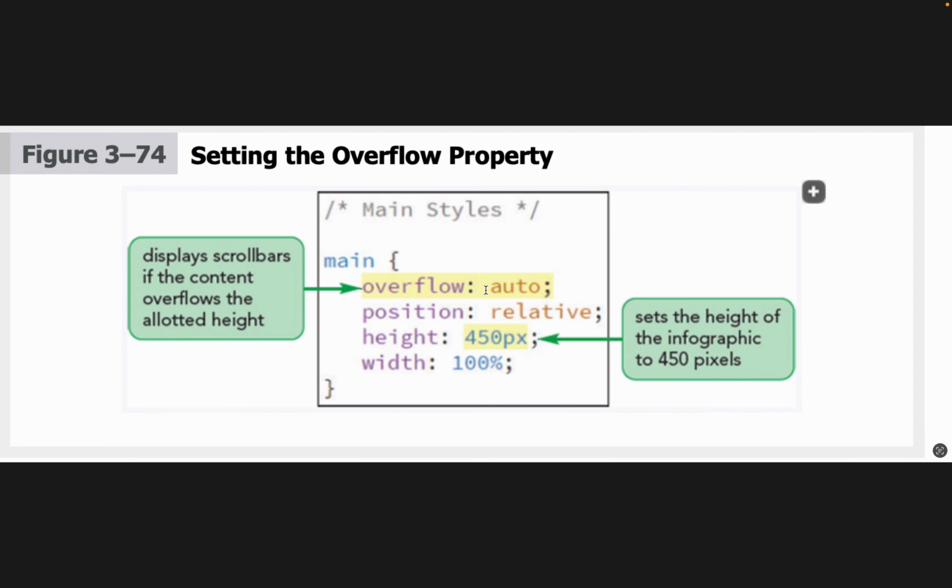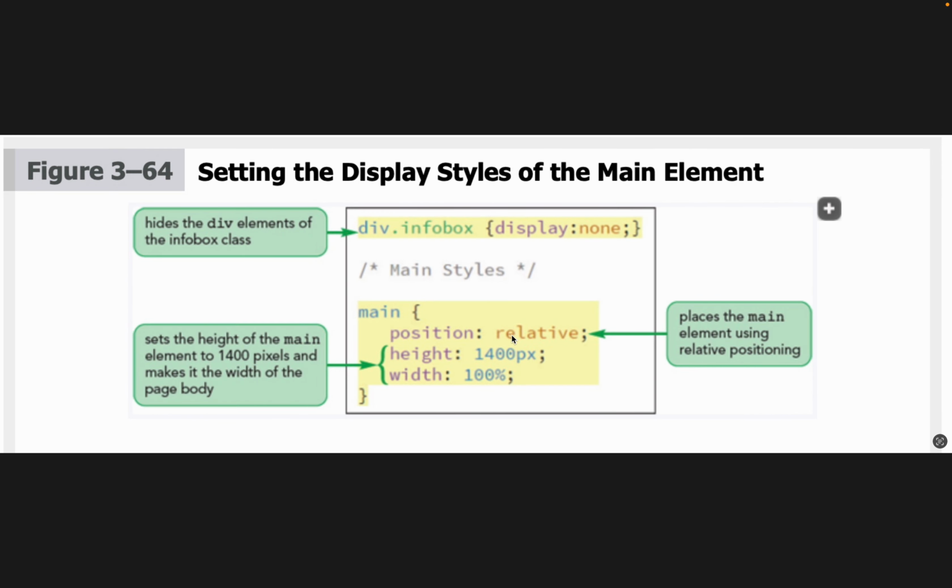Now overflow means that the images are not going to get on top of other images, so it's just going to spread a little bit so we can clearly see both images. Now here we change the height to 450. Before in this project we set a lot of images and text during the 1400.